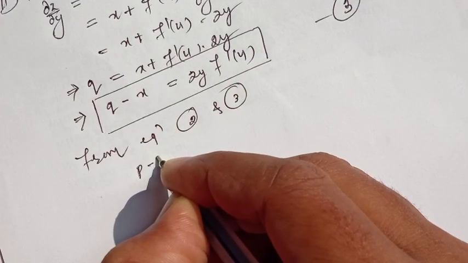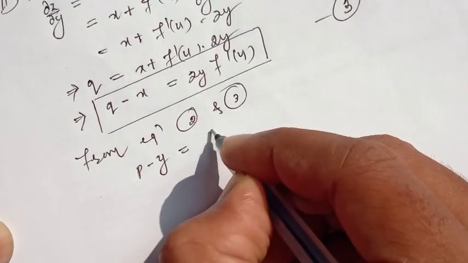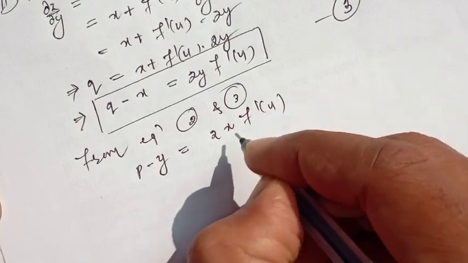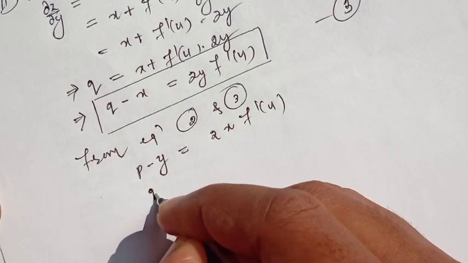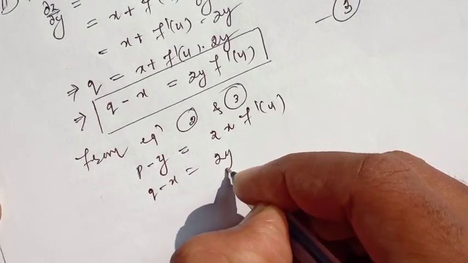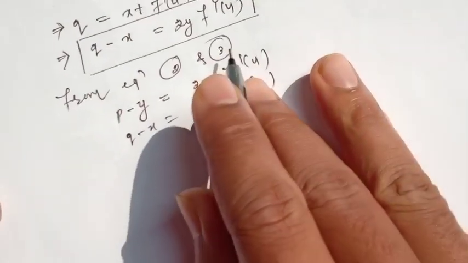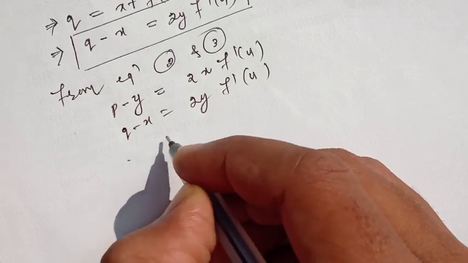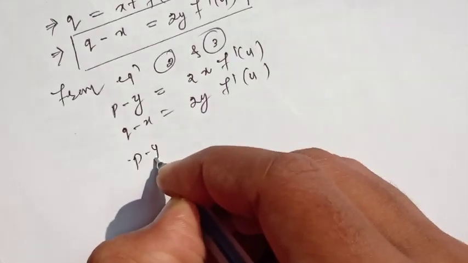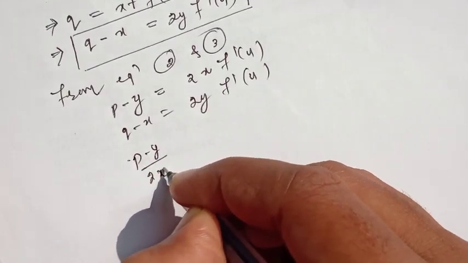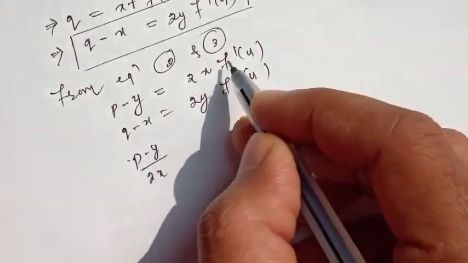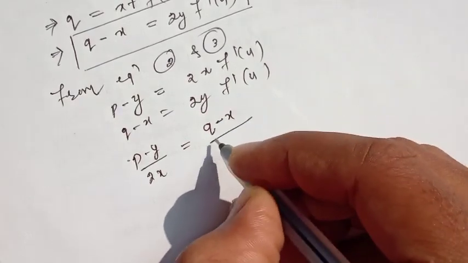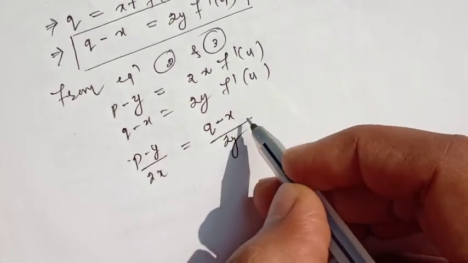p minus y is equal to 2x f dash u, and q minus x is equal to 2y f dash u. Comparing these, we will get p minus y divided by 2x is equal to q minus x divided by 2y.